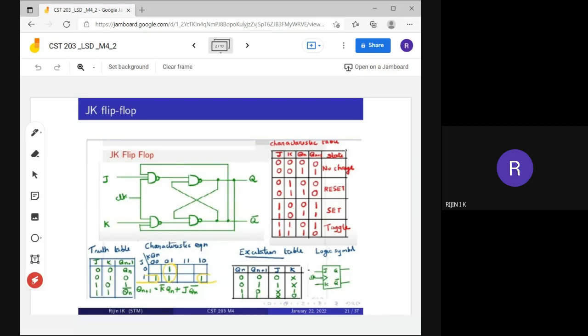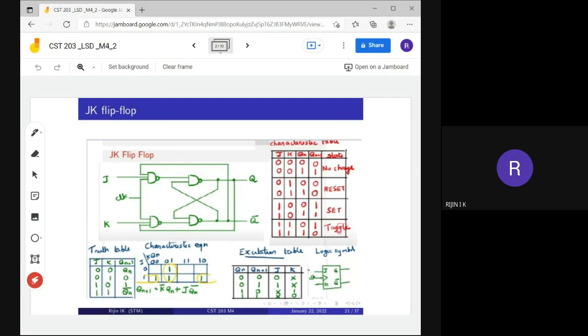Okay, here in the case of a JK flip flop, we have seen that if J is equal to 1 and K is equal to 1, then it goes to a toggle state.